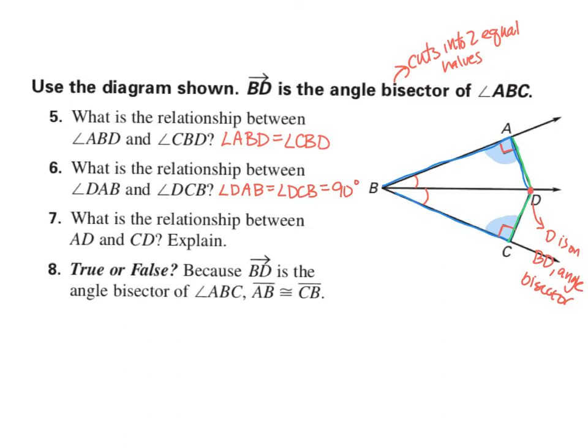from the two sides of the angle. So it's equal distance from AB and CB. So we can mark these with congruence notches.